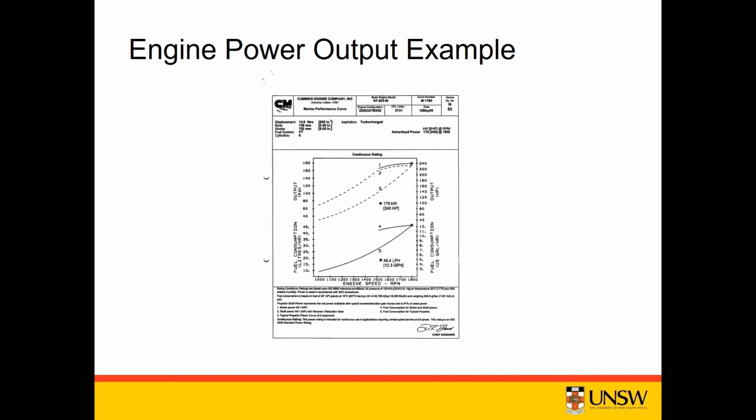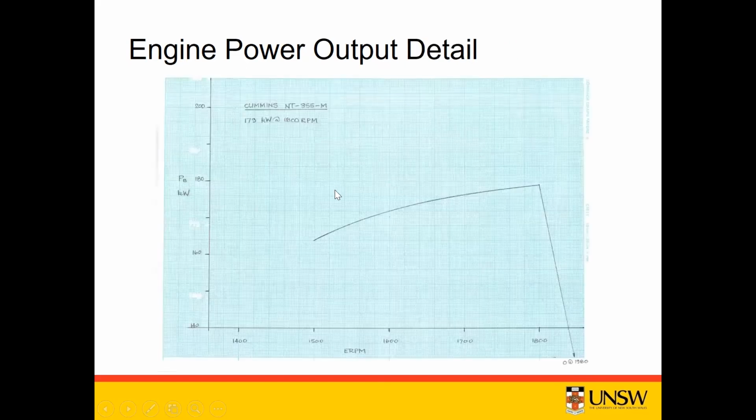This is an engine output curve example from a Cummins engine, and you can see the torque limit curve up along the top here, and then a vertical line down there. If you take the data that they give you for this bit up here and then plot it out, you find that it's actually a curve like that.